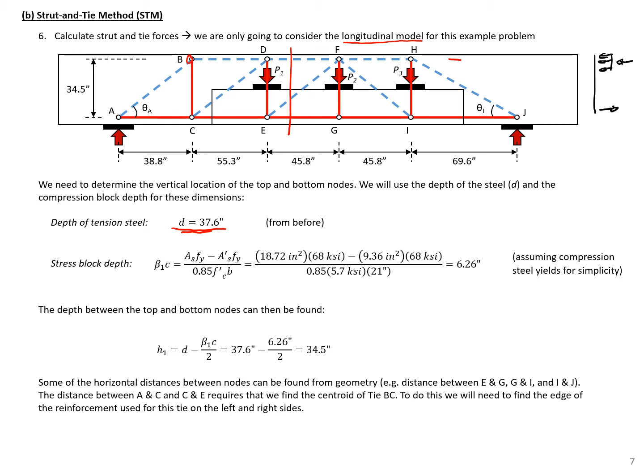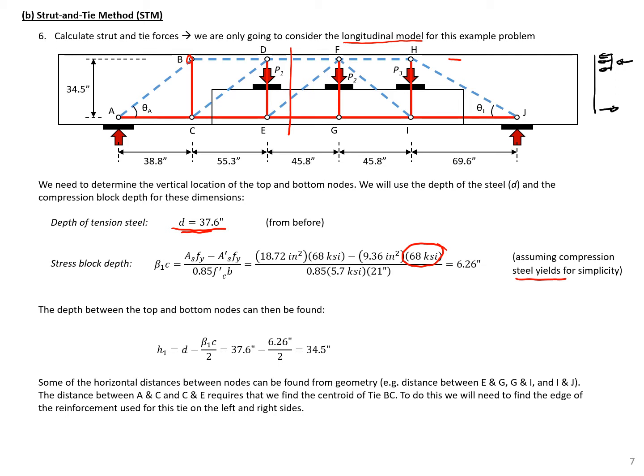So we can find our stress block depth just through equilibrium and our regular principles in normal reinforced concrete. And I'm going to assume here, just for simplicity for this example, that the compression steel yields. So the compression steel probably doesn't yield, which will affect the stress block depth, but in this example, we're just going to assume it does for simplicity.